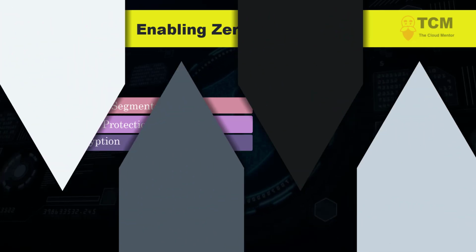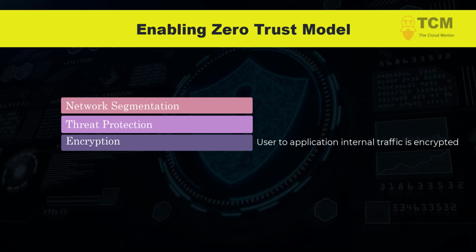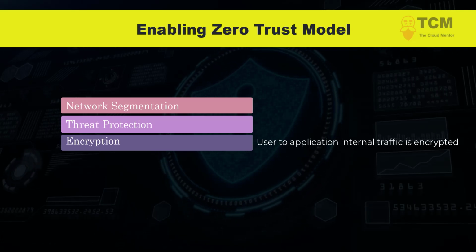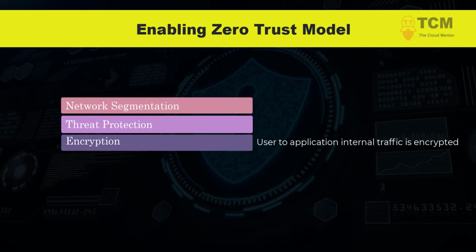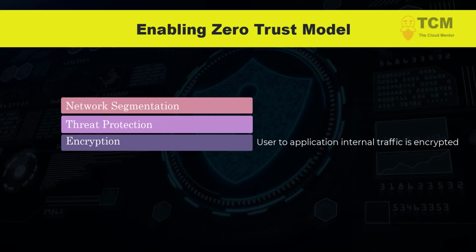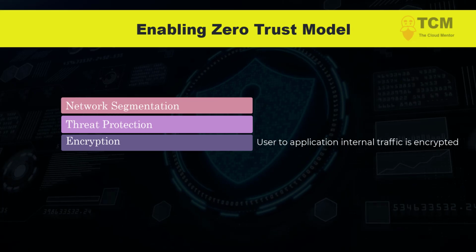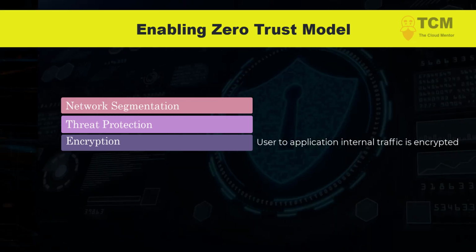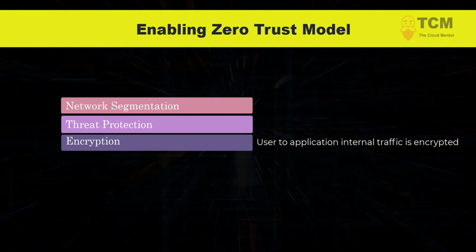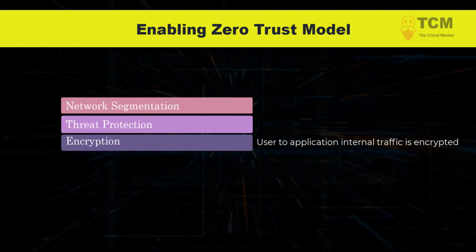Encryption. It's important to have internal traffic encrypted as well. You need to enforce HTTPS only communication from your internet-facing web applications. So you do that by redirecting the HTTP traffic to the HTTPS, possibly using a solution called Front Door.